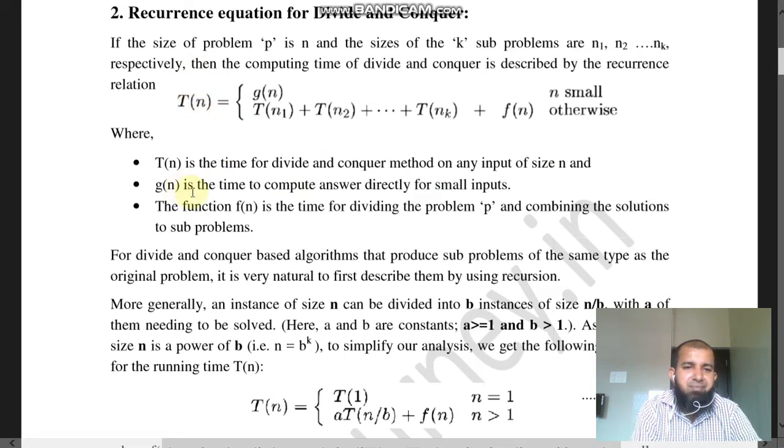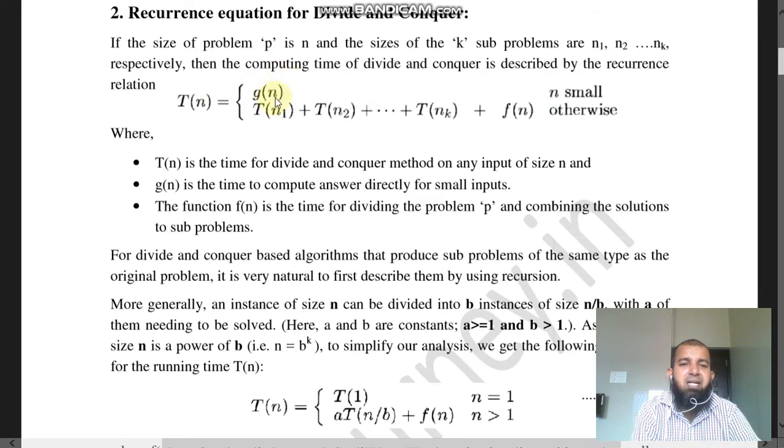G of n is the time to compute the answer directly for small inputs. When T of n is equal to g of n, that is, if the size of the problem is small, then T of n is equal to g of n.